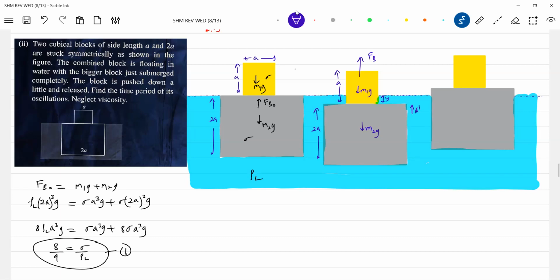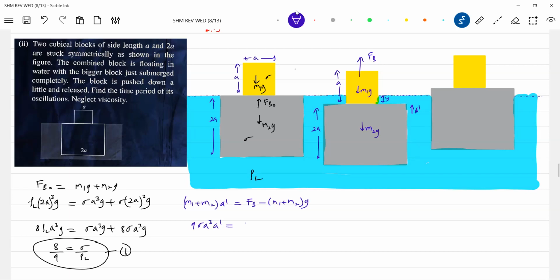A dash. So what is (M1 plus M2) A dash should be equal to sigma A cube A dash.